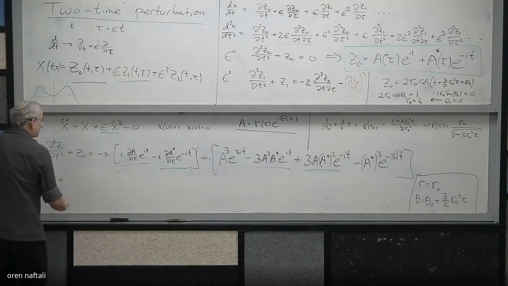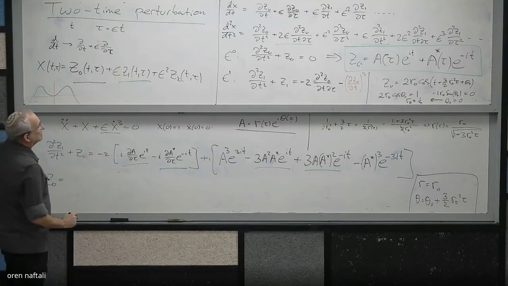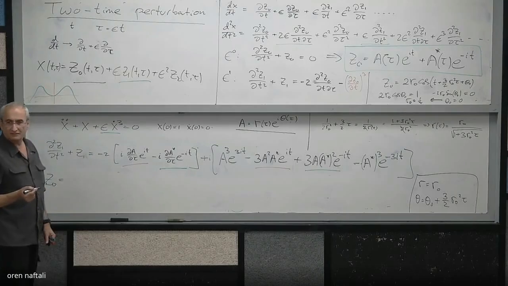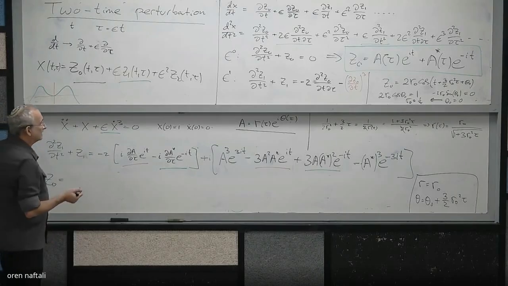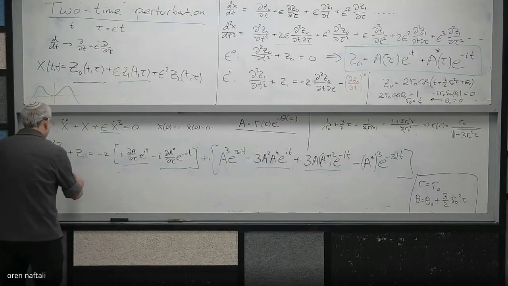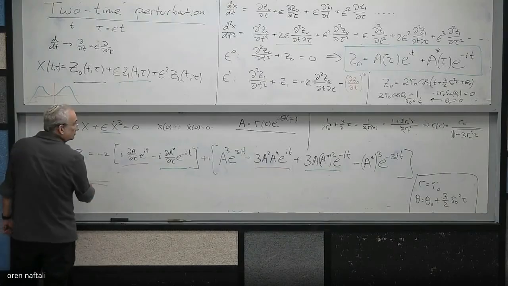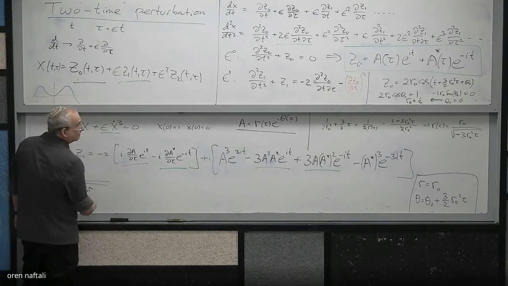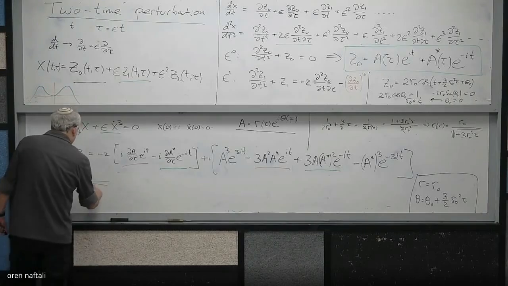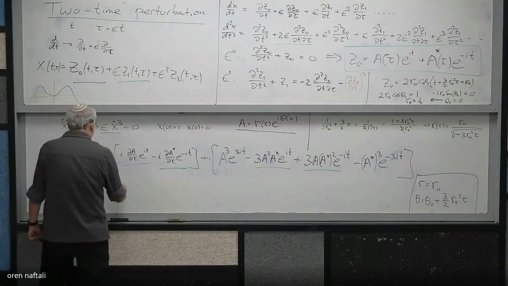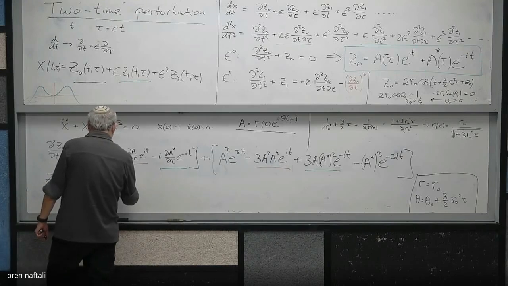That is a: a is r e^{i theta}. e^{i theta} is trivial, it is e^{i theta naught}, right? And I have this r, so I have r naught divided by the square root of 1 plus 3r naught squared tau, times cosine of t plus theta naught.